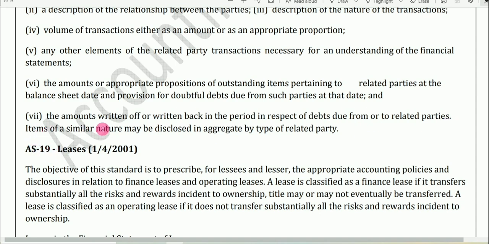Items of a similar nature may be disclosed in aggregate by type of related party.